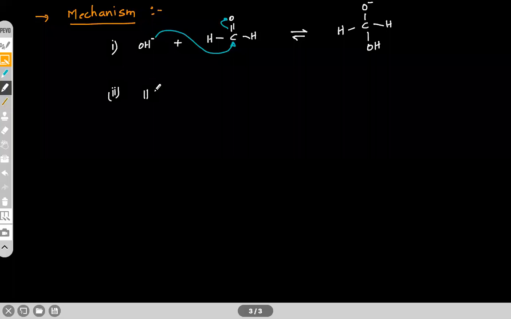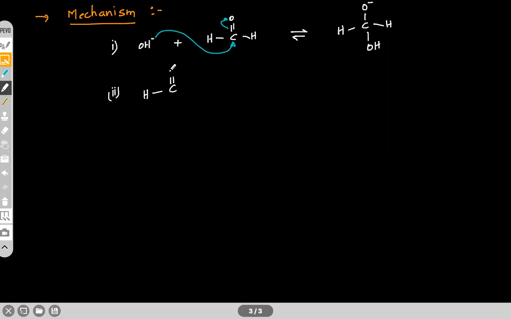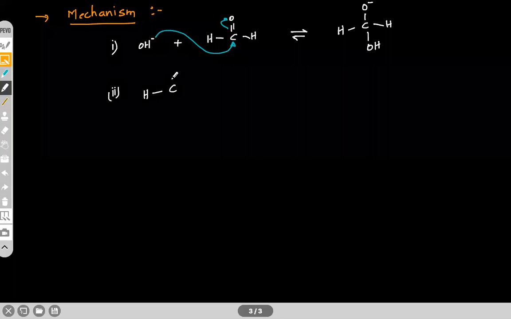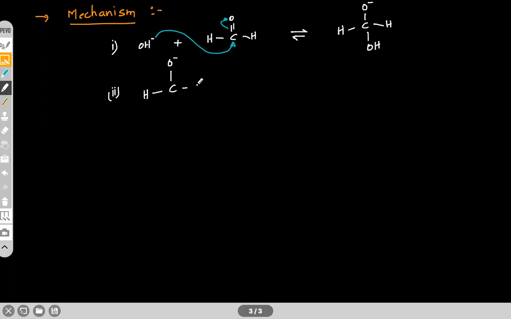This ion that we get in the first step releases hydride ion from this. We have O minus, H, OH. And another molecule we have is formaldehyde, HC double bond O. So in this, what happens? This lone pair comes back. This H minus goes out.